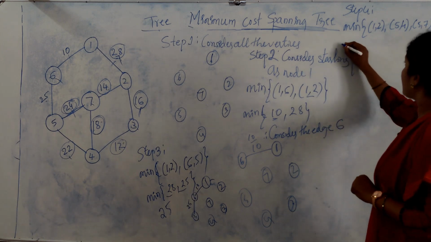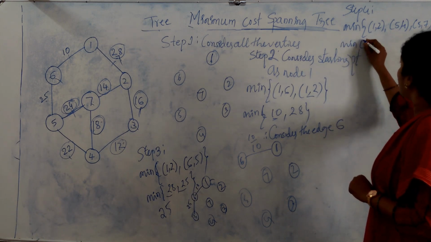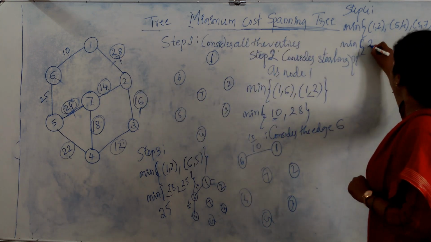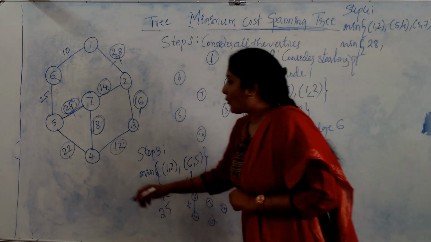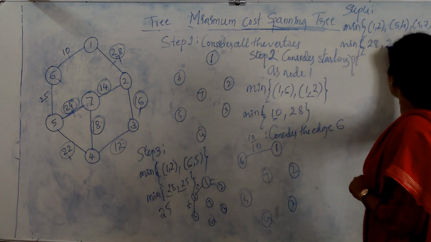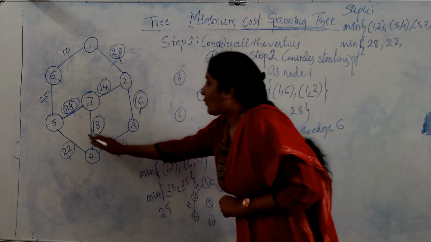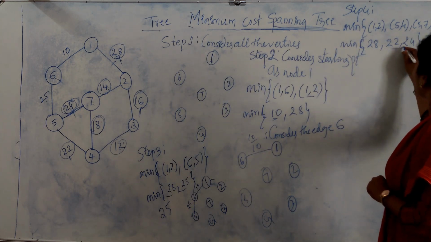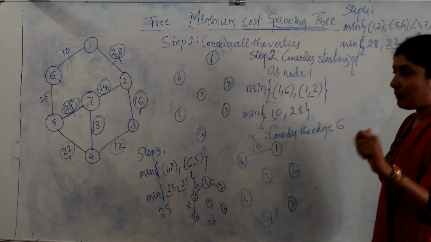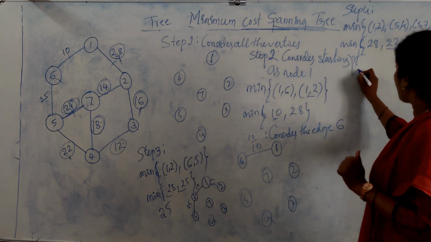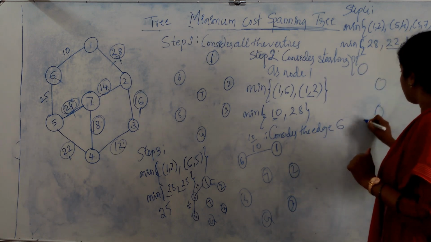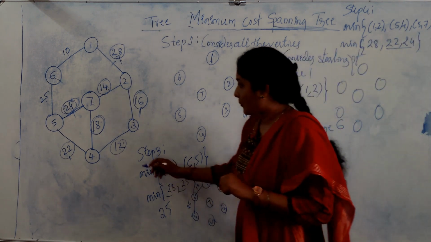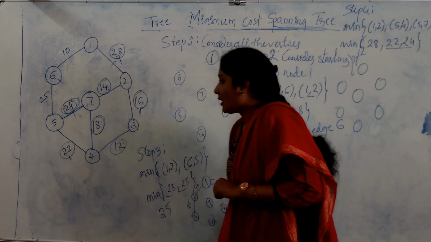In that case, minimum of 1 to 2 weightage is 28. 5, 4 is 22 and 5, 7 is 24. So now out of these 22 is the minimum cost. Therefore, in this step, which edge is considered here? 22. So that is nothing but 4.